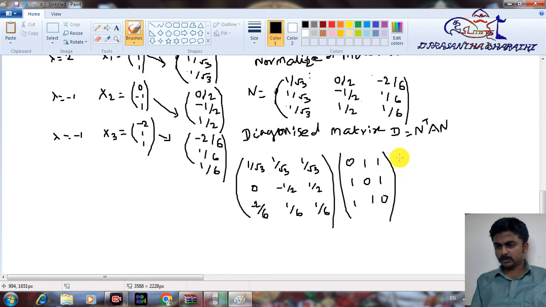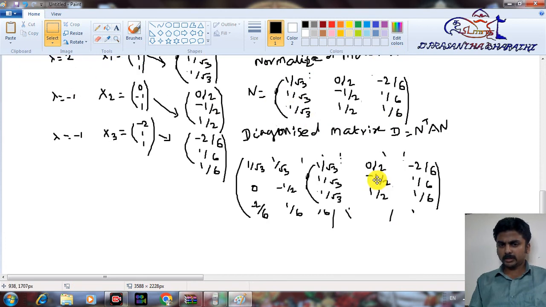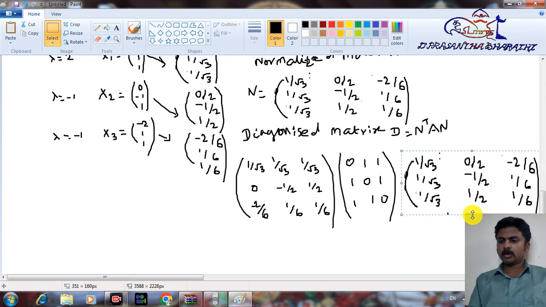N transpose A into N. So N is here. So this is our N transpose A N.